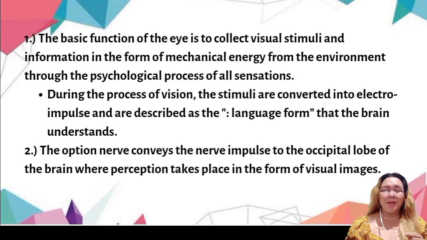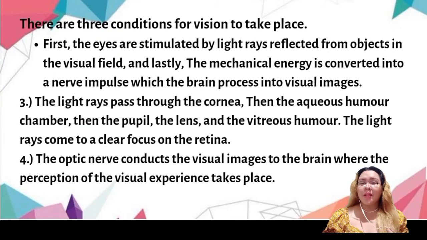The optic nerve conveys the nerve impulse to the occipital lobe of the brain, where perception takes place in the form of visual images. Actually, we have three conditions for vision to take place. The first one is the eyes are stimulated by light rays reflected from objects in the visual field, and lastly, the mechanical energy is converted into nerve impulses which the brain processes into visual images.